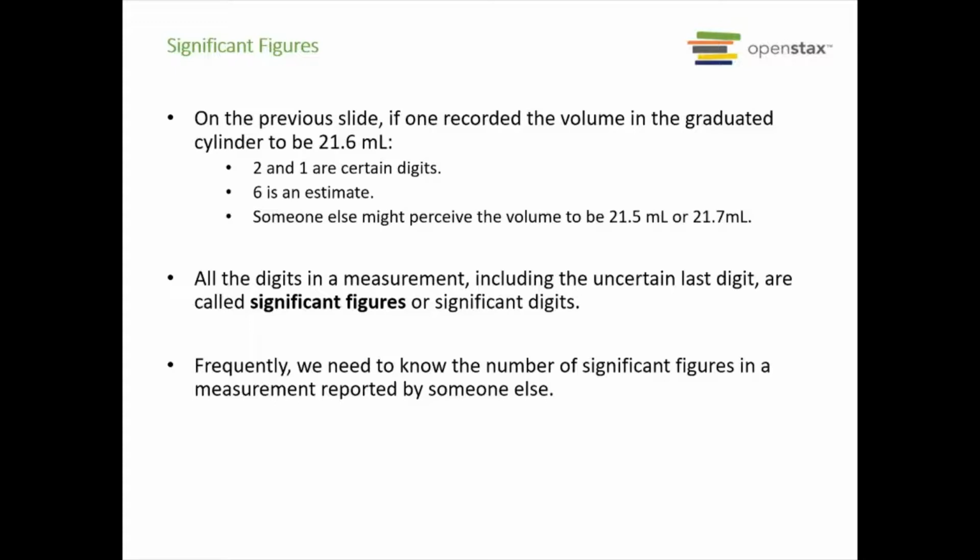So again, the 2 and the 1 from that reading, the 21, those are certain digits. We know it's more than 21. And the 6, remember 21.6, is an estimate. Again, maybe one of you would have said 21.5 or 21.7 milliliters. But all of these digits are called significant figures or significant digits.